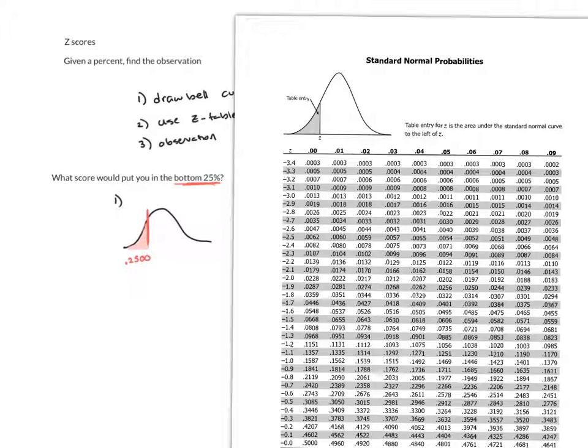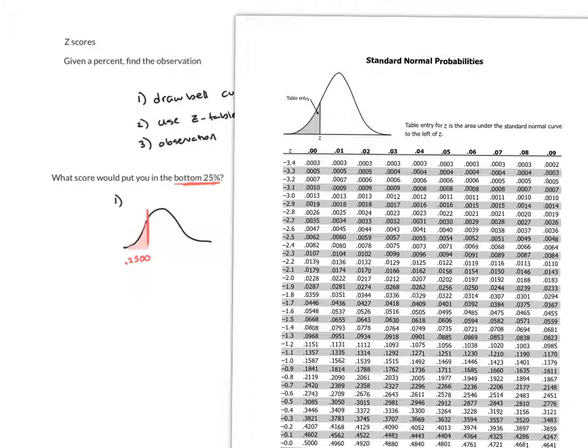And now that I've got my table in here, I need to remind myself I'm looking for the lowest 25%. Once again, I'm in the bottom half, so my z-scores are going to be negative. As I look across the table, I'm looking in the center in order to find percentages, because once again, 0.2500 is just the decimal form of 25%. My goal is to find 25%, or 0.2500, somewhere in the center.